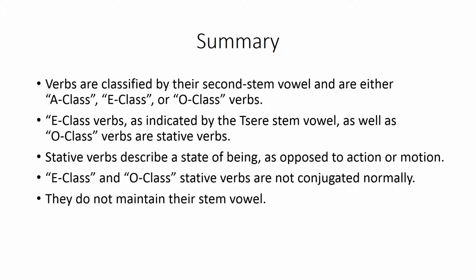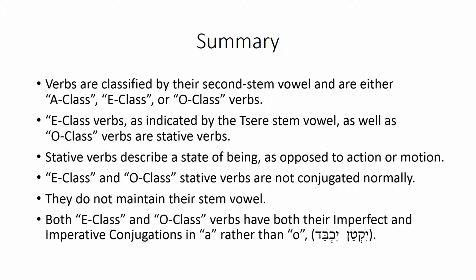They do not maintain their second stem vowel. Both E-class and O-class verbs have both their imperfect and imperative conjugations in A rather than O. So in other words, we have yikbad instead of yikbod, and we have yiktan instead of, we might expect, yikton.